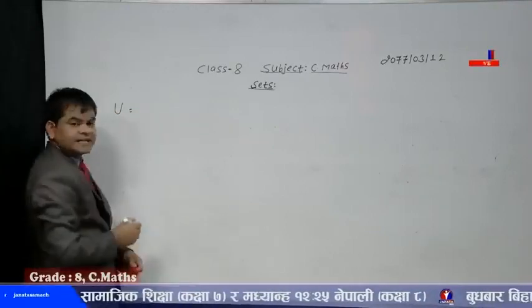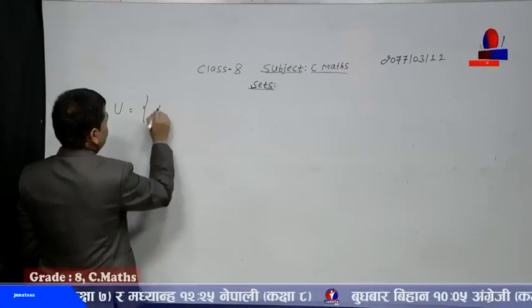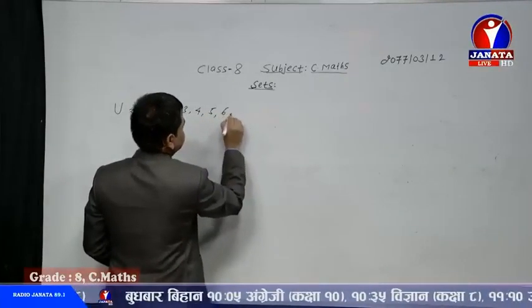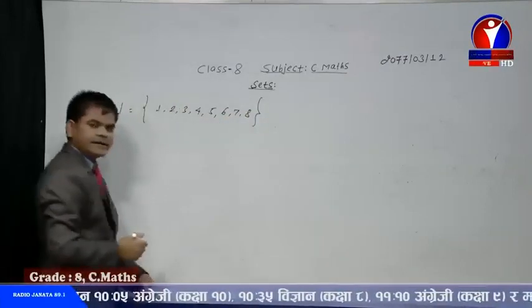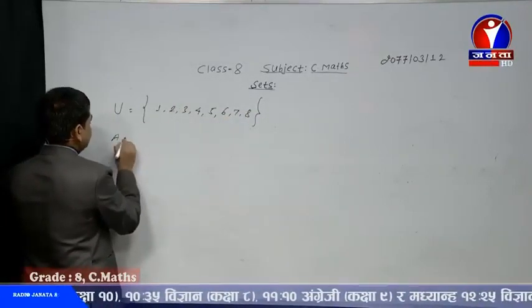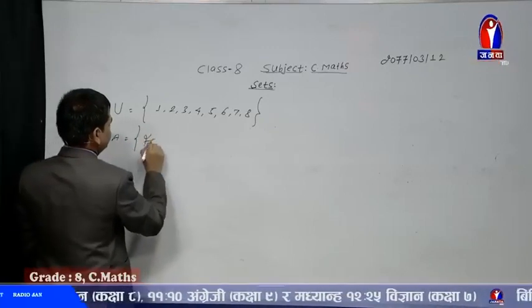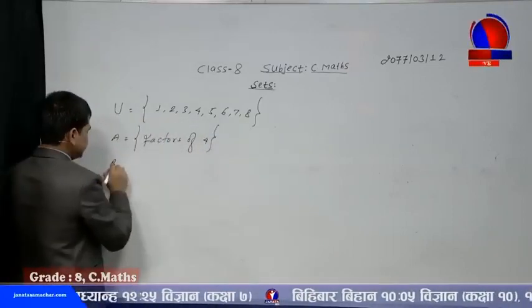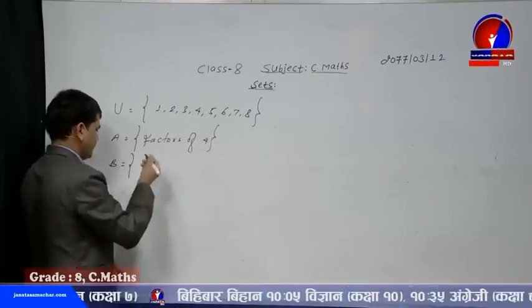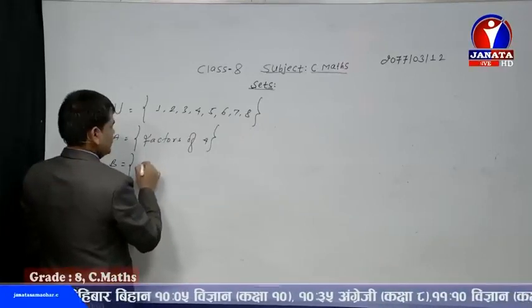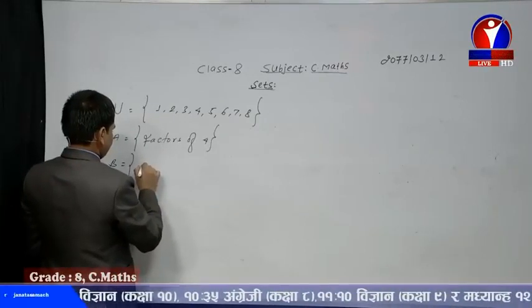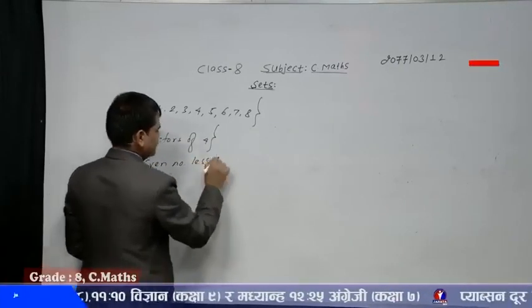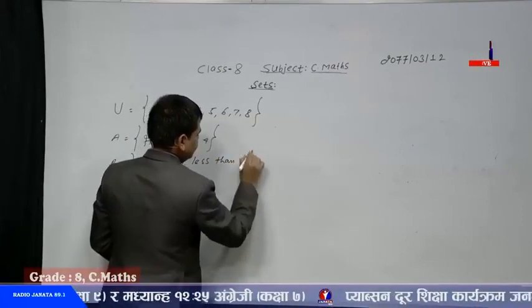For example, universal set is given as 1, 2, 3, 4, 5, 6, 7, 8, up to 8. Okay, and then A set contains the elements as factors of 4, and B set contains the elements as even numbers less than 10.